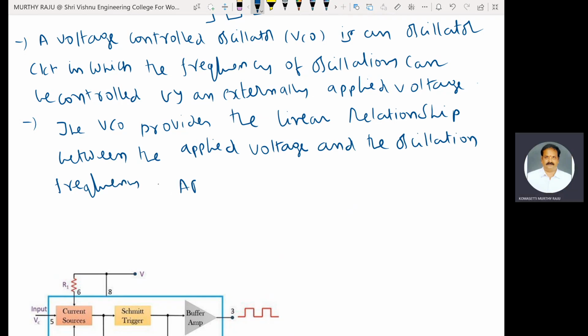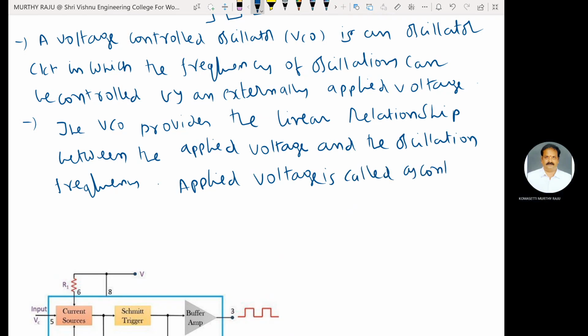Linear is very, very important. The applied voltage is called the control voltage. This is another important point.